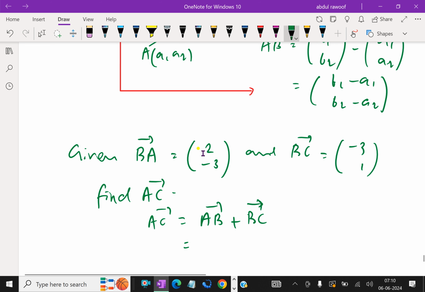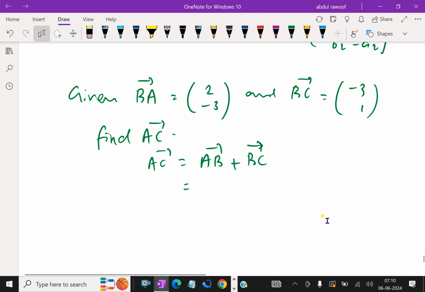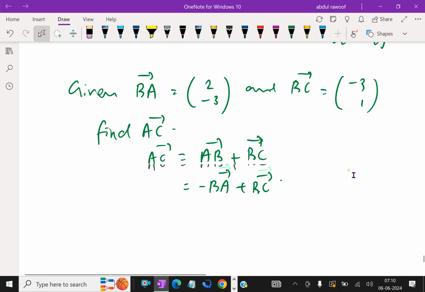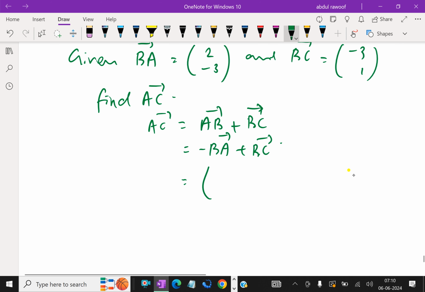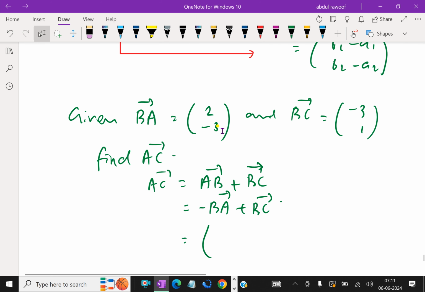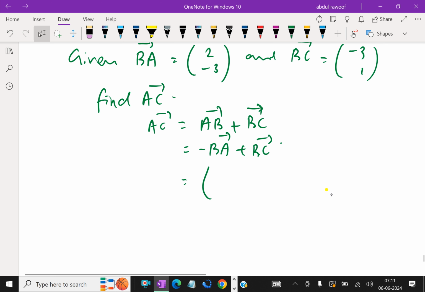minus BA, which is given as 2, minus 3, and BC is given. BA is given as 2 and minus 3, so minus BA is minus 2 plus 3.